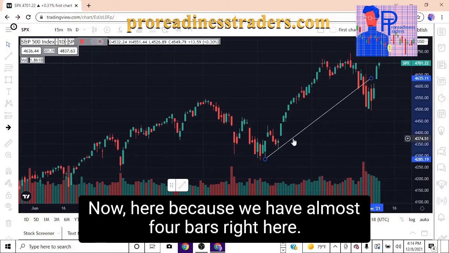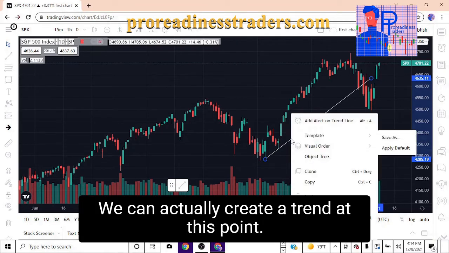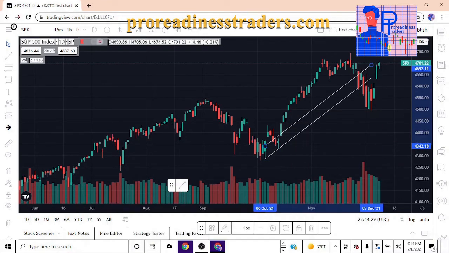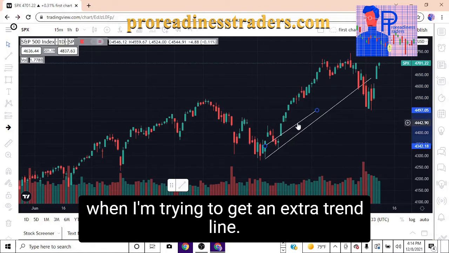Now here, because we have almost 4 bars right here, we can actually create a trend at this point. So what I can do is clone this particular trend right here, and I do that for the sake of getting an extra trend line.